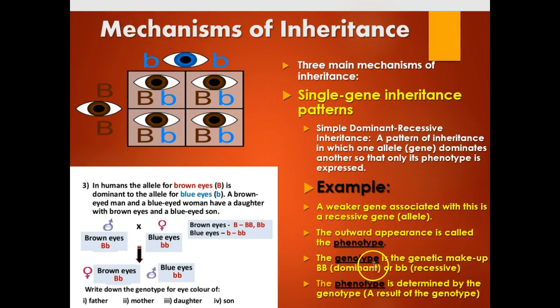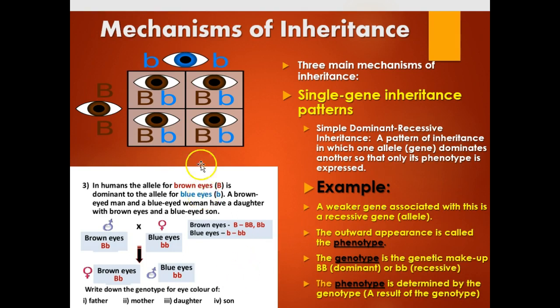Then the genotype is the genetic makeup. Who did we get the recessive or the dominant gene from to have blue eyes or brown eyes? And it is the phenotype that is determined by the genotype, which is a result.